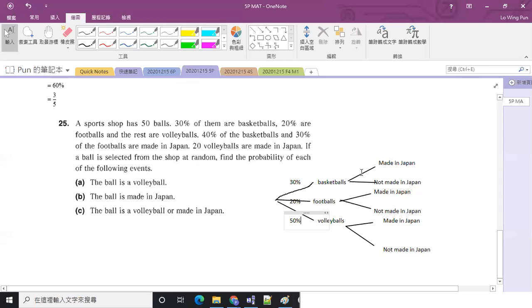40% of the basketballs. So this line is 40%. It's made in Japan. And 30% of the footballs. Okay, and it is 30%.